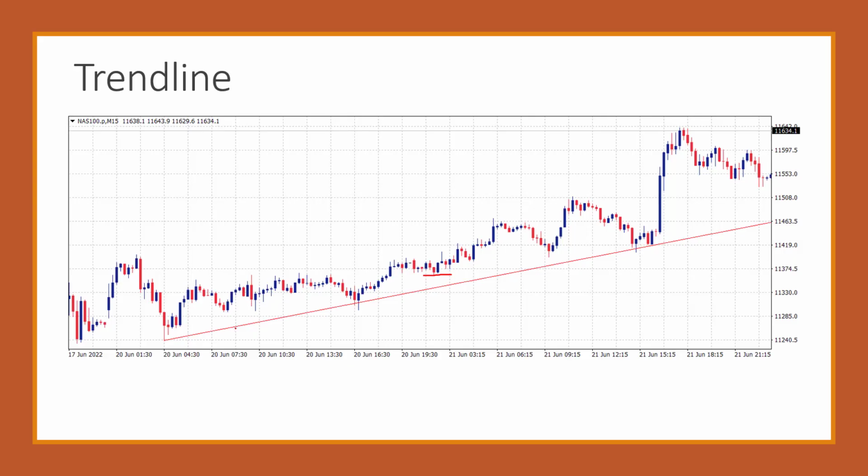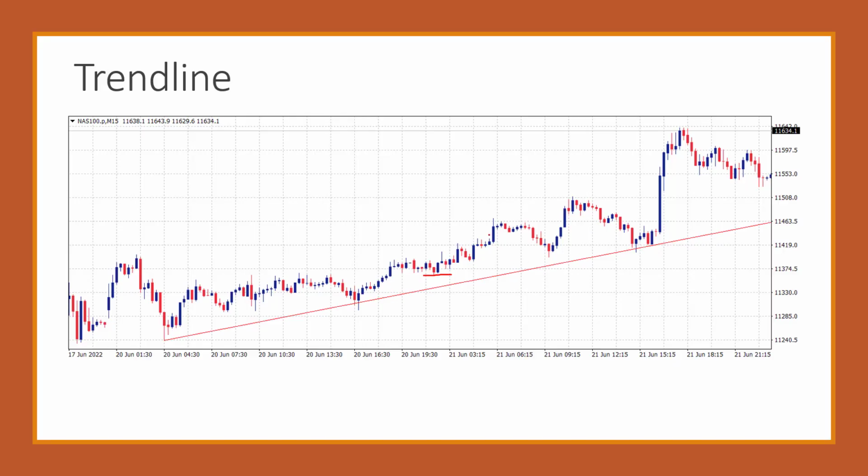Now, you know that at this point, you've got this trend line which has hit these two points. So it could potentially turn out to be a fairly strong trend line. Normally, the more touches that you have on a trend line and the more it holds up, the stronger that trend line is.